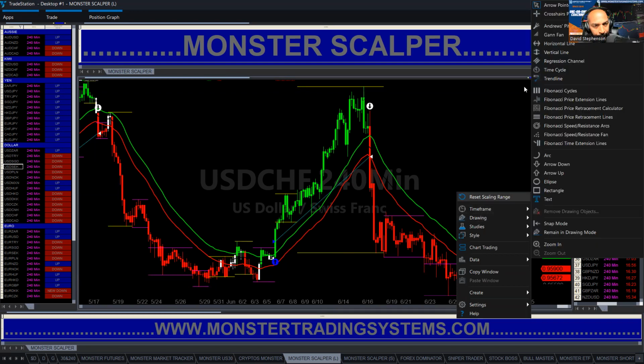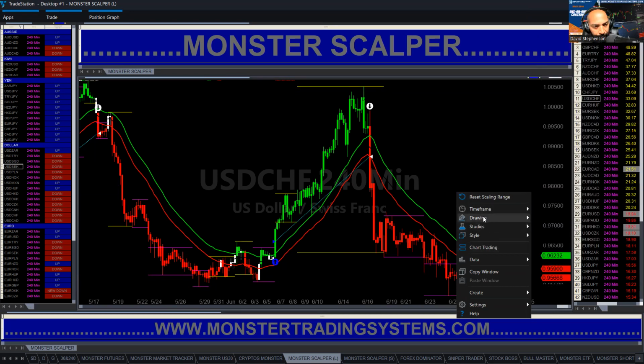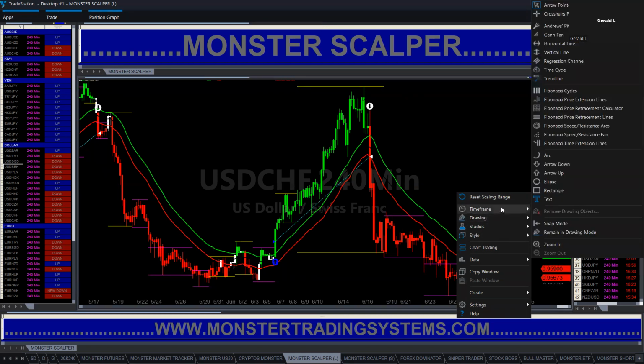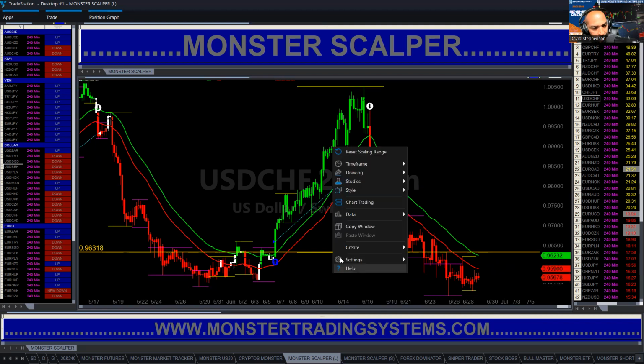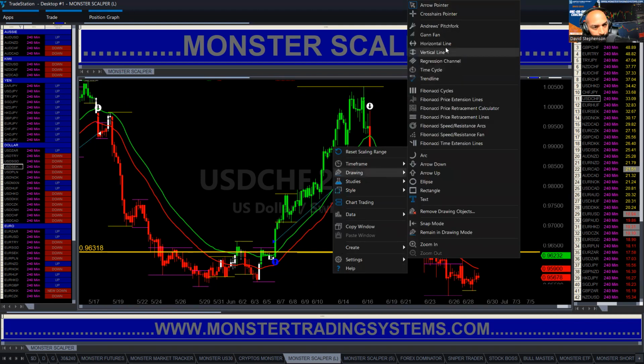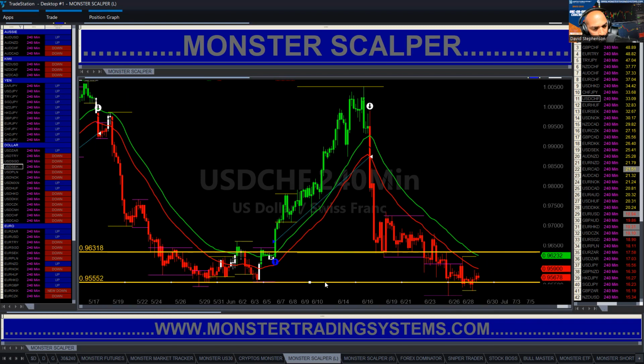So this is why this is important. This is the markdown phase. And look here, this is resistance right here. We've got some resistance right here, and look where support is, right here.